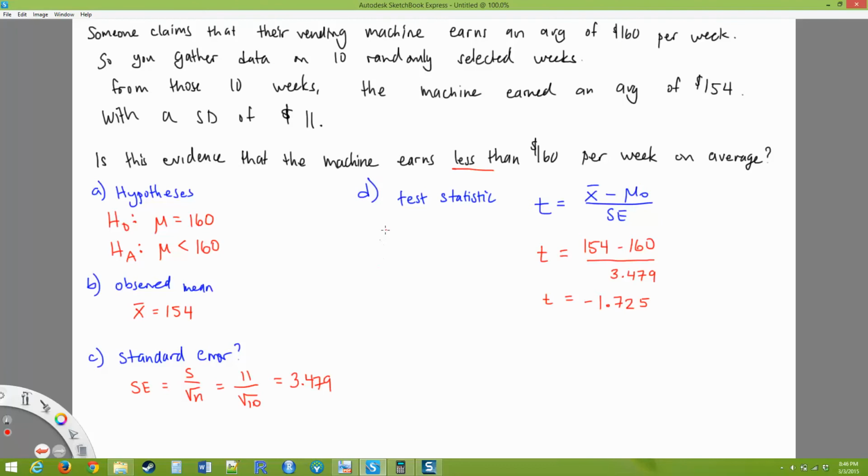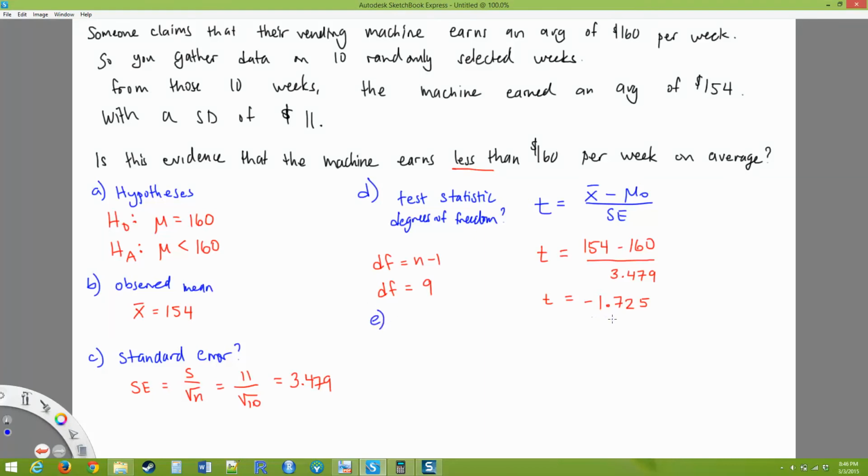How many degrees of freedom do I have? How do we find degrees of freedom? N minus 1. So degrees of freedom is n minus 1. How many degrees of freedom do I have? 9. N is 10, so degrees of freedom is 9.